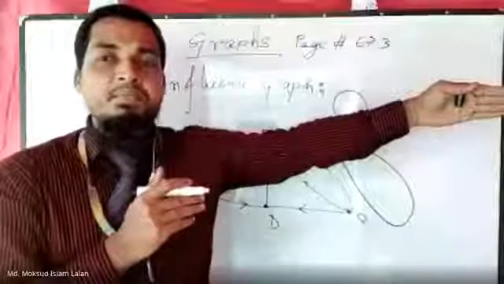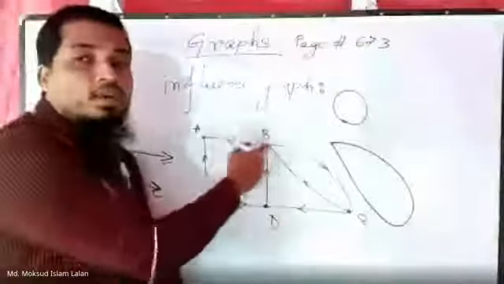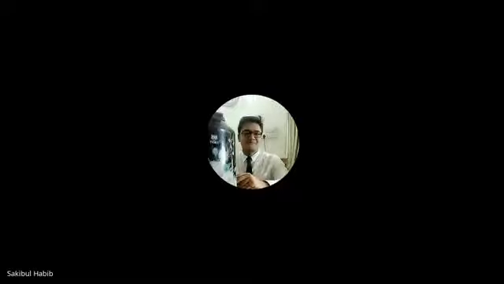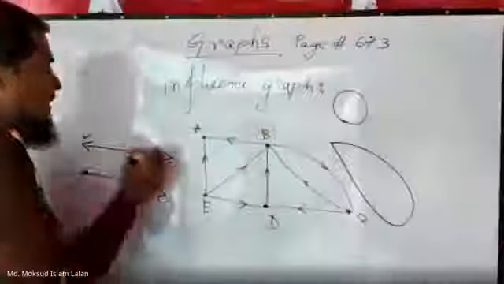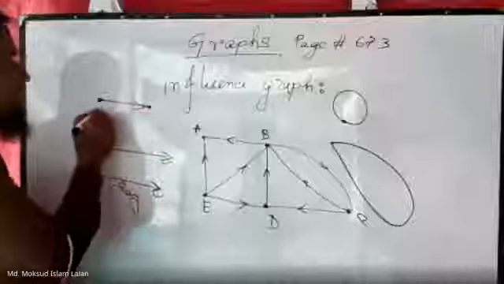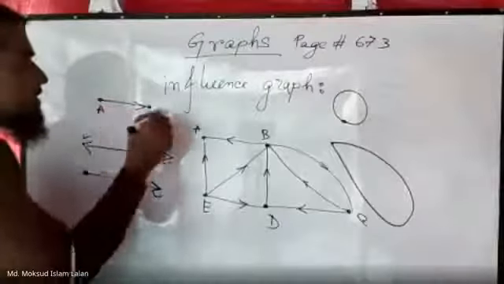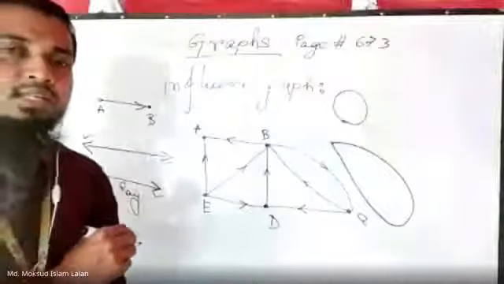There is a bound here. It's not continuously moving. So if A and B are a graph and something like this is given, you cannot say this is an infinite graph. Do you understand, gentlemen?